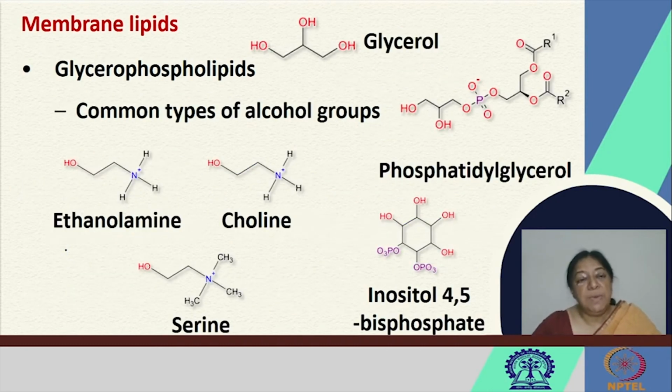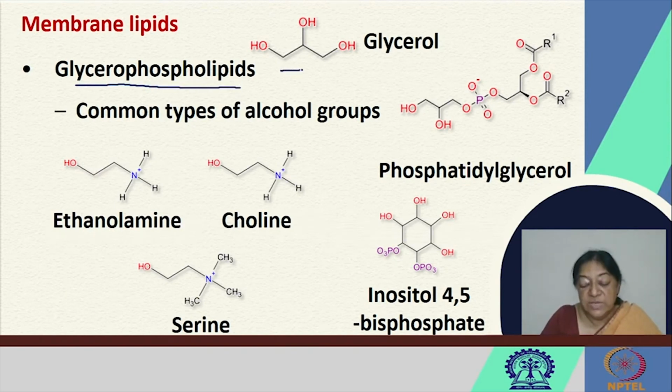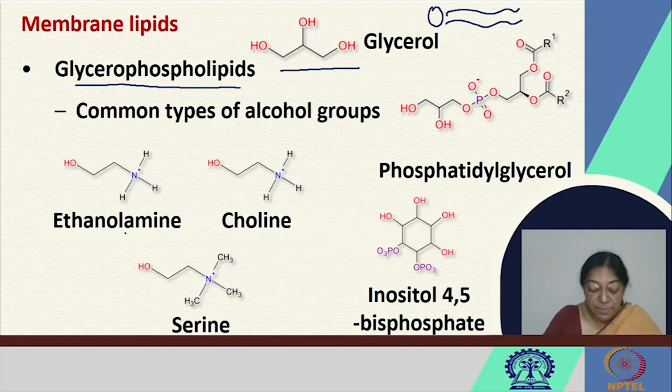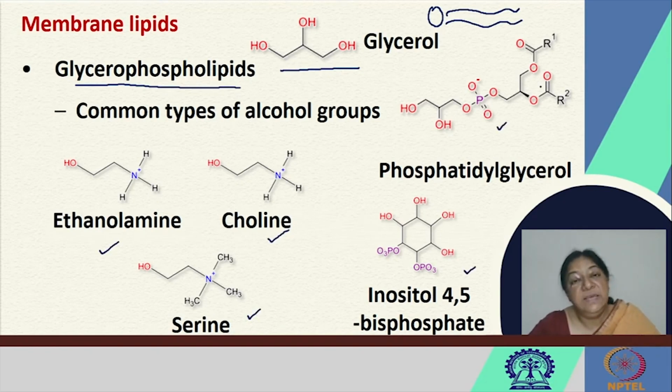So if we look at the membrane lipids in our glycerophospholipids, where it was derived from glycerol, this is our polar head, and we have the two tails. This polar head group is comprised of these types of specific polarities that give them their specific property in the class of glycerophospholipids.